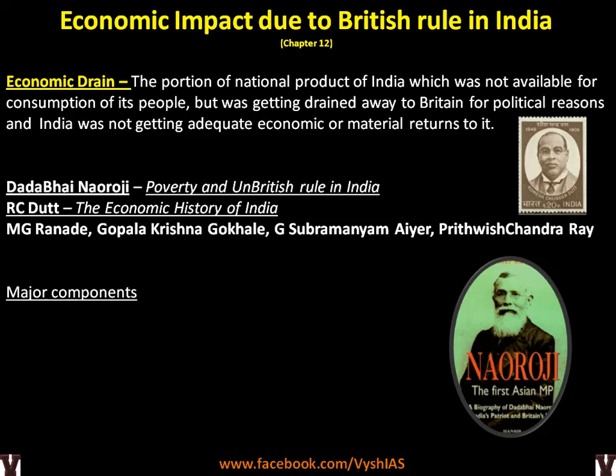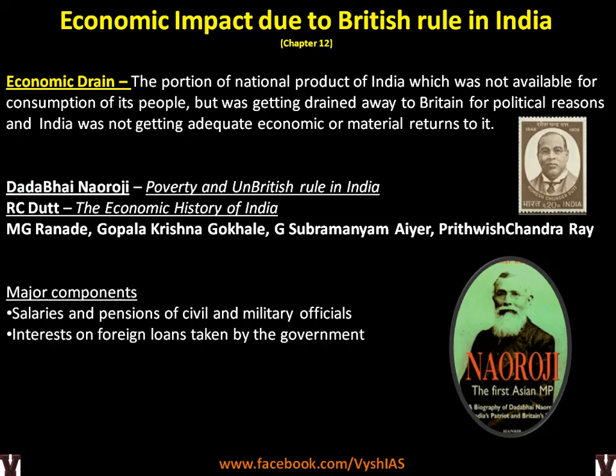Major components: we already said a lot of things from the Indian national GDP were going out, but in what forms was it going? This also was asked once in prelims, like which of the following were part of economic drain. So we'll see the salaries and pensions of civil and military officials. Everything was being paid from Indian taxes, Indian money. Interest on foreign loans taken by the government.